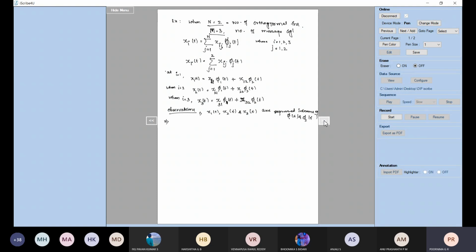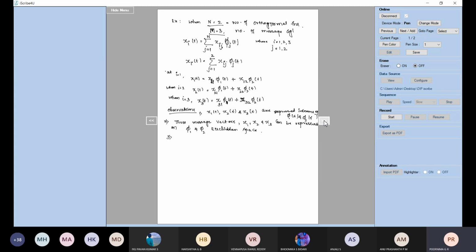The second observation from the above three equations is that the three message vectors x1, x2 and x3 can be represented in Euclidean space having two basis functions phi 1 and phi 2.